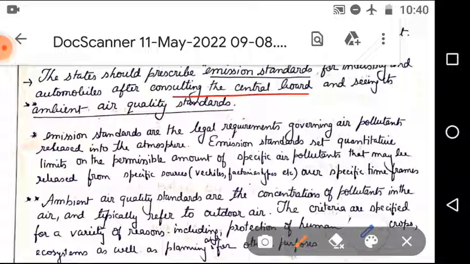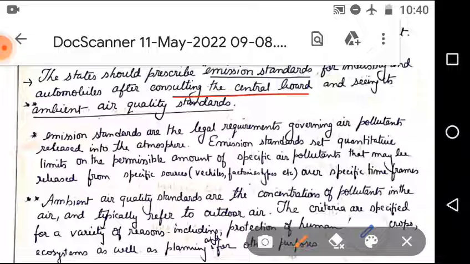Just like that, in the case of the air act, they have tabulated a list of pollutants and what amount of pollutants can be released, not more than that, in automobiles and in industries.